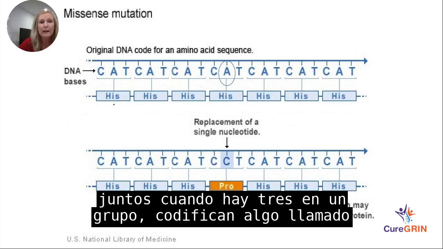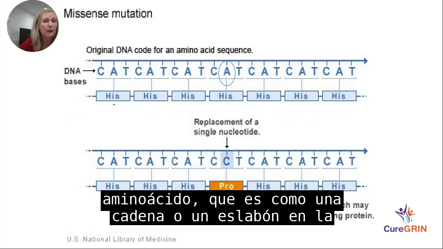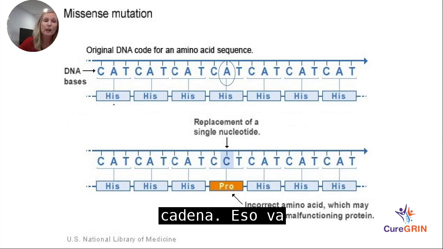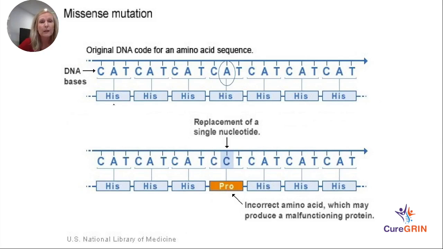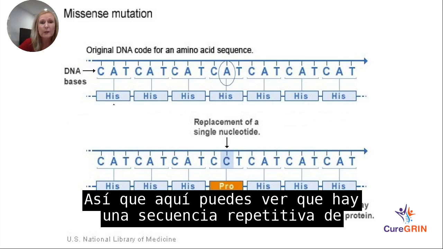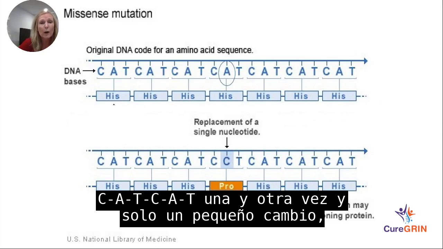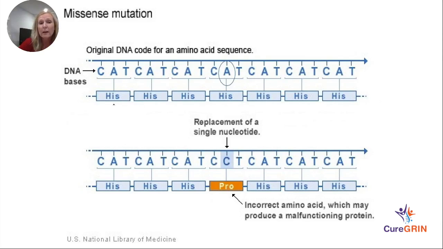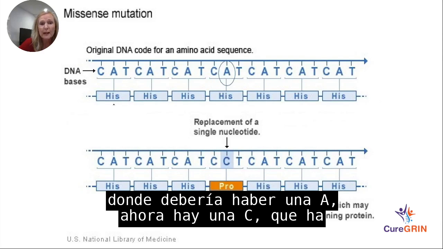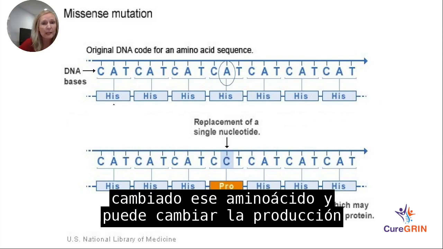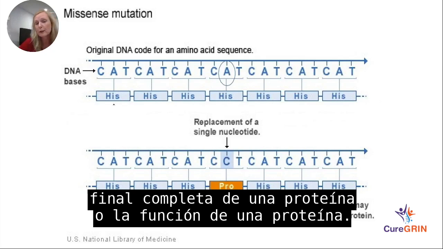You can see that when there are three in a group, they code for something called an amino acid, which is like a link in the chain that makes the protein. Here you can see there's a repetitive sequence of CAT over and over again. And just one little change, where there should be an A, there's now a C, has changed that amino acid and can change the ultimate production or function of a protein.